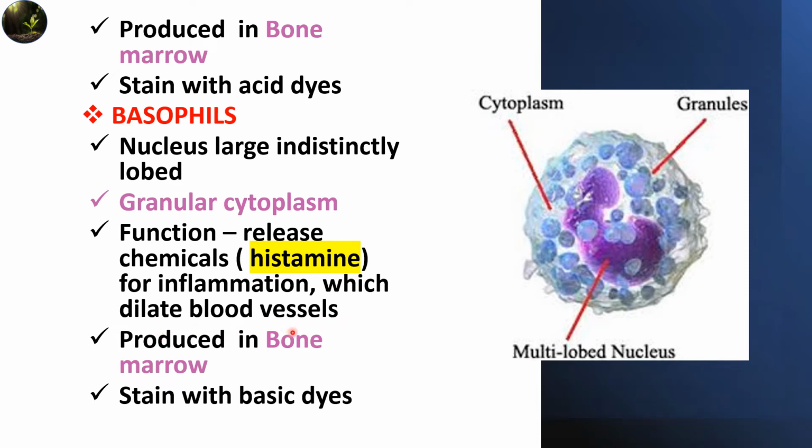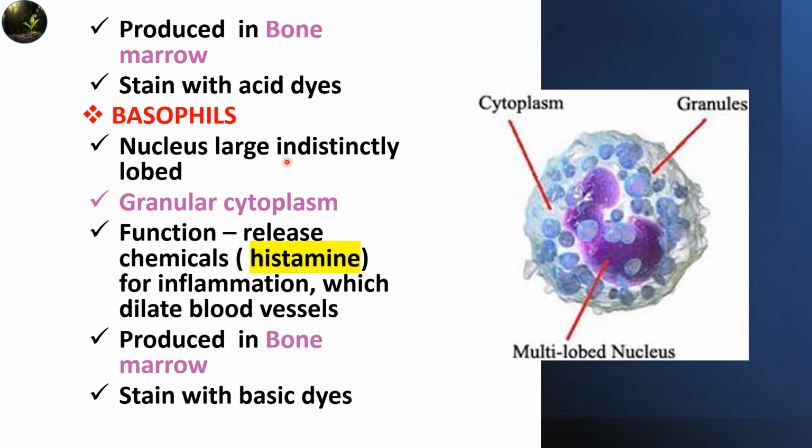Histamine dilates blood vessels. Basophil is produced in bone marrow and stained with basic dyes. Because of the basic dyes, the name basophils came. You can remember easily: neutrophils, neutral dye; basophils, basic dye.